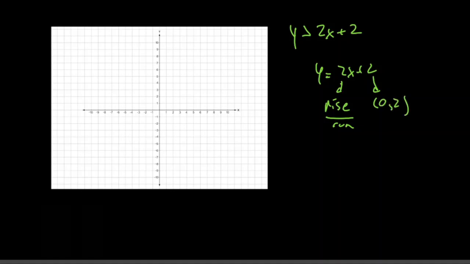I'm going to plot the y-intercept right here. And for rise over run, since this is a positive slope, we go up 2 and 1 to the right, so that's here. We'll do another one, up 2 and 1 to the right, that's here, and then we can make our line like so.